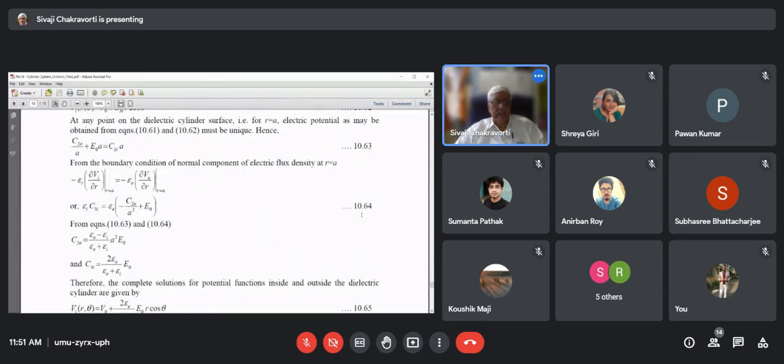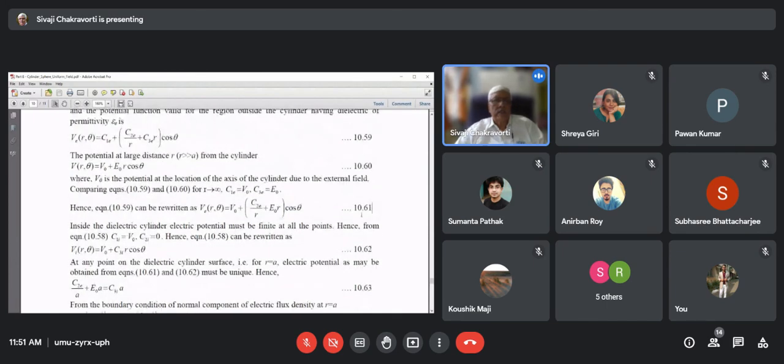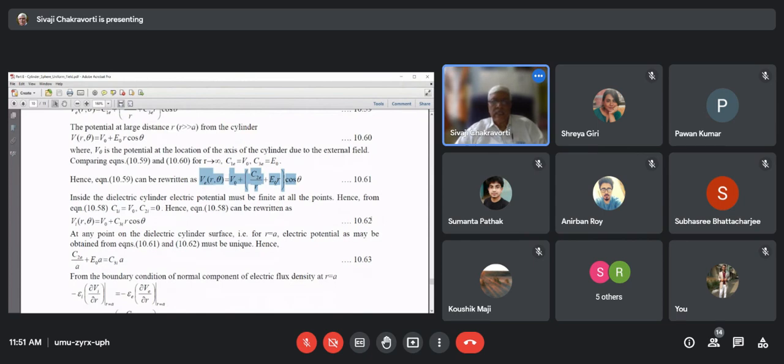So you put this coefficient in, and you get 10.66 for the dielectric cylinder.